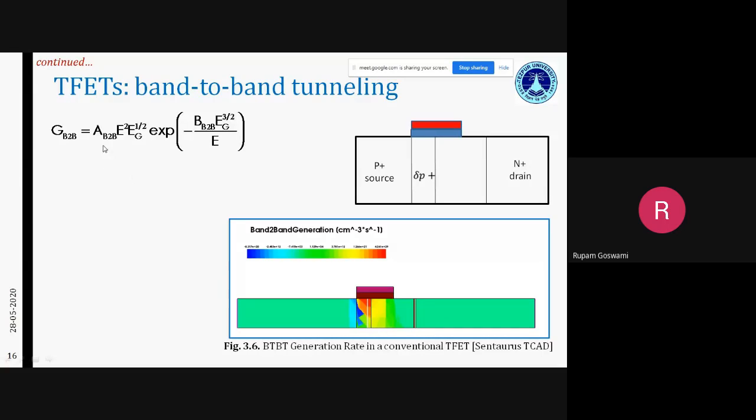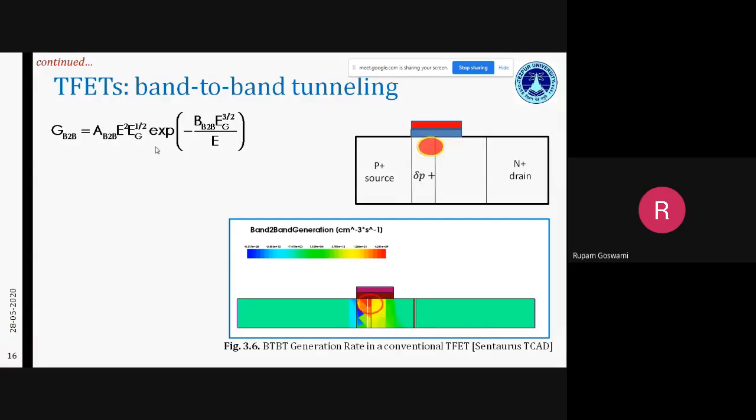So these can be called empirical constants with respect to a new material discovered. And E is the electric field, which is the net electric field across the device. If you are taking a two-dimensional case, it is root over Ex square plus Ey square. And if you're taking a three-dimensional case, accordingly the net electric field formulation will change. And Eg is the band gap, as we have already seen in the expression for tunneling probability.